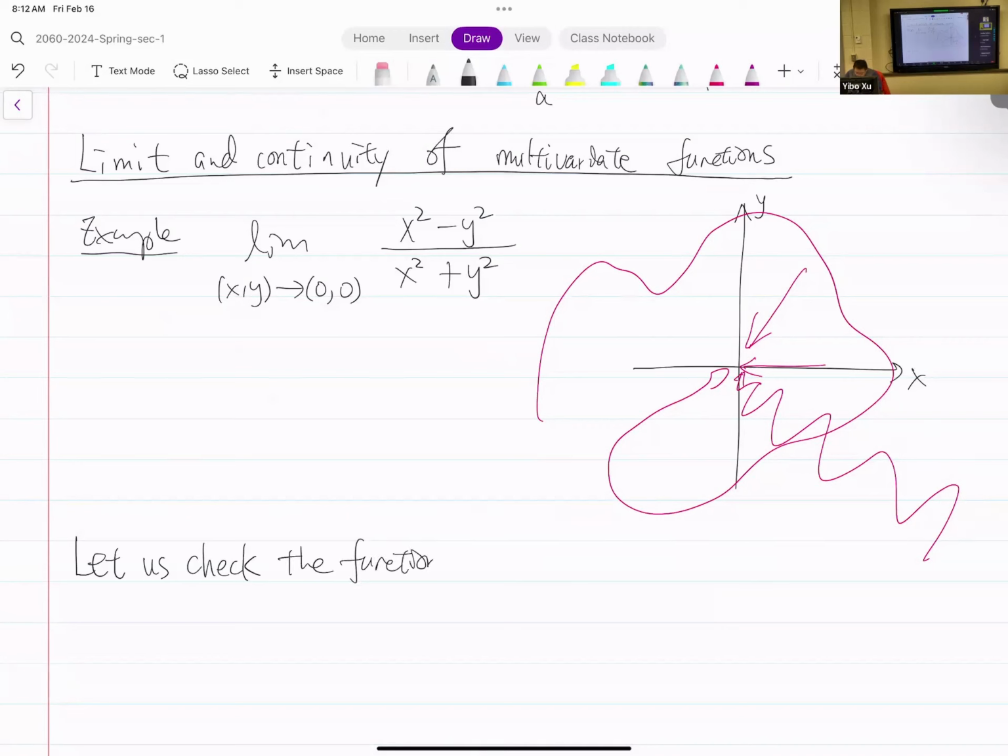So let us check the function values when the input pair approaches the origin along different paths.